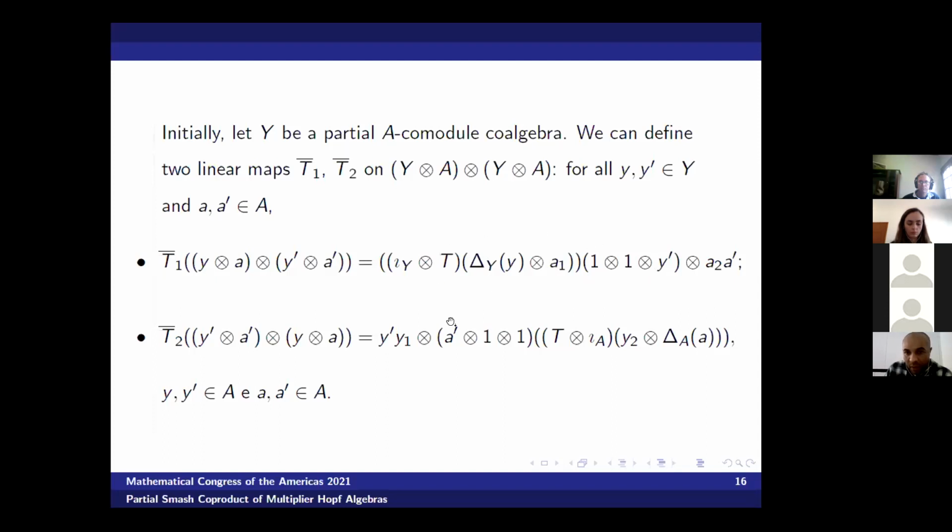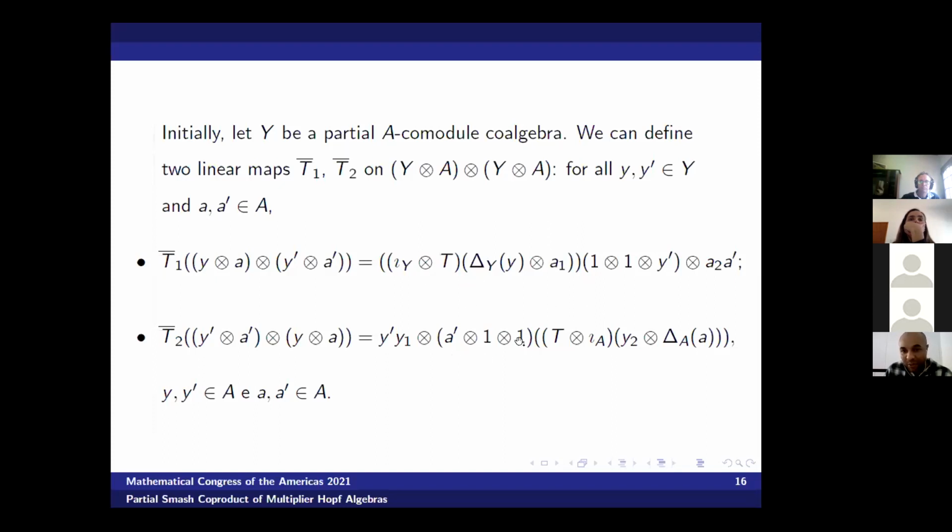But the first one, if we look at the definition, these three terms that we have here are a composition of operators, but this expression lies in the tensor product.